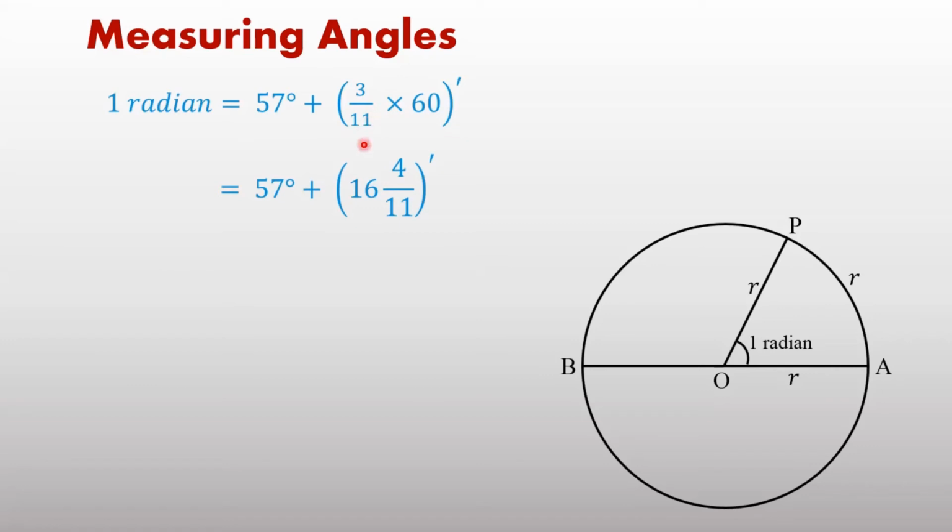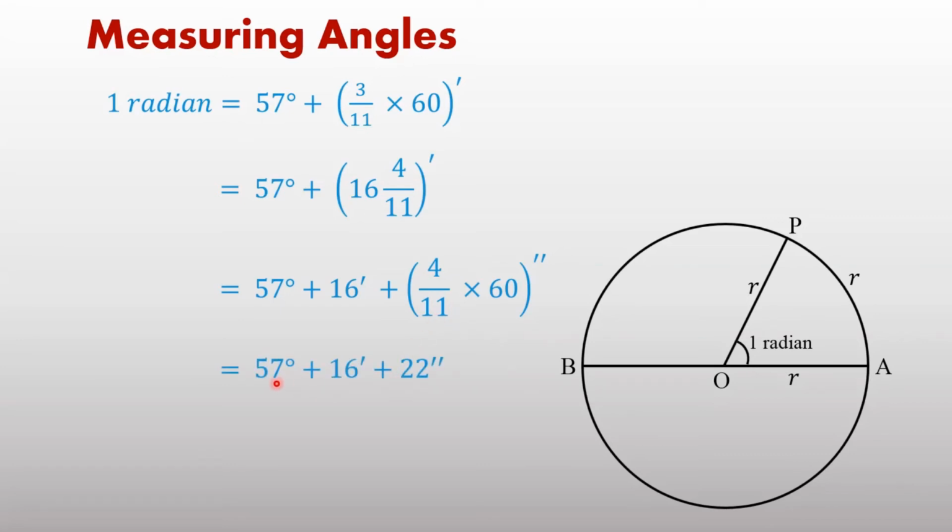Further simplifying, we can write 57 degree plus 16 and 4 by 11 minutes, means 57 degree plus 16 minutes plus 4 upon 11 into 60 seconds.